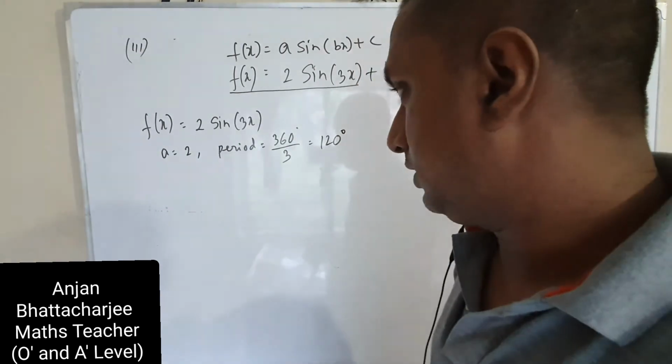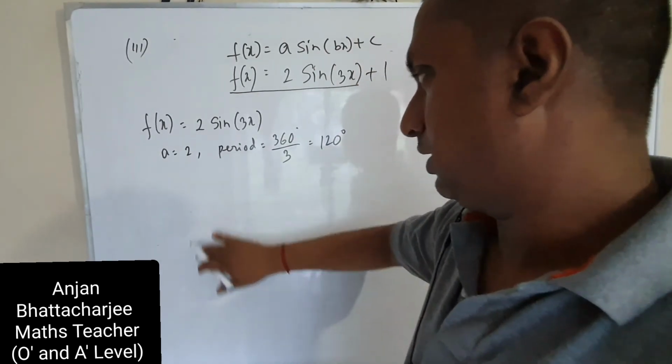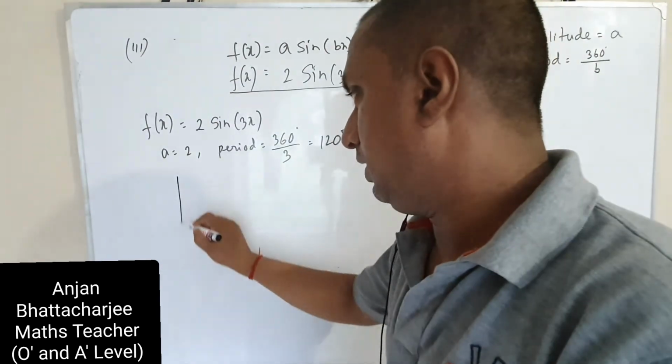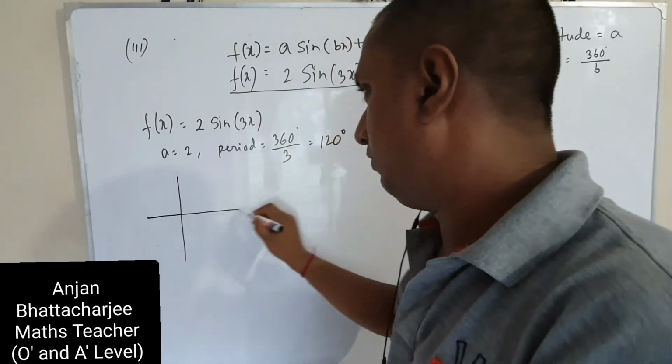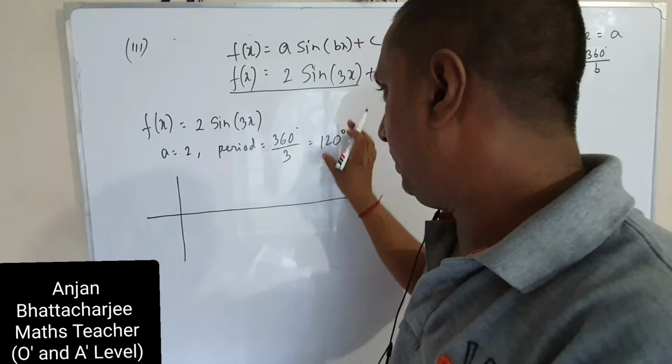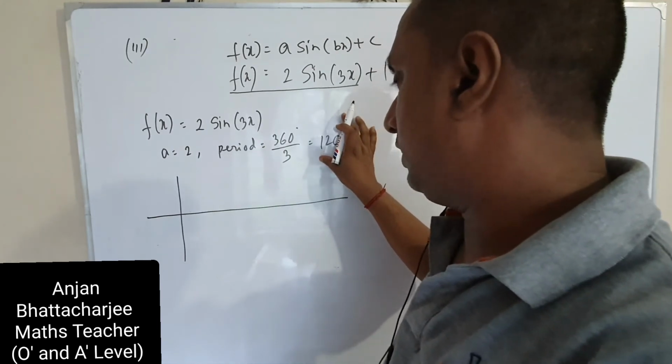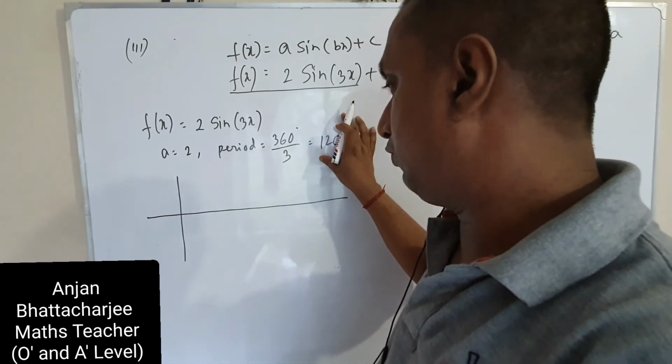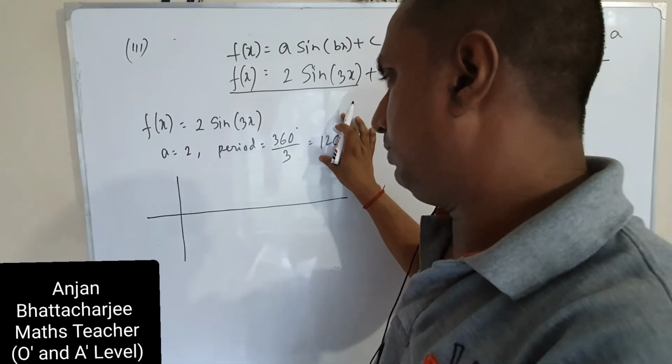Period is 120. Now let me draw the graph for all this information. It will repeat after each 120. After 120 it will repeat.